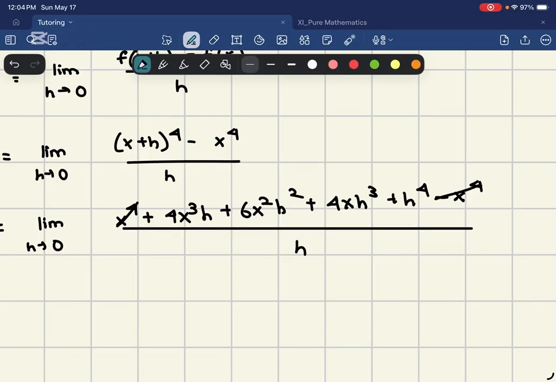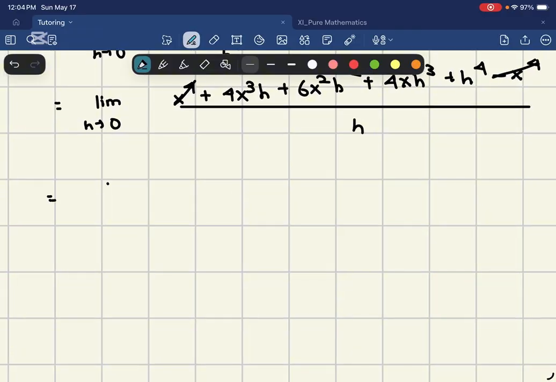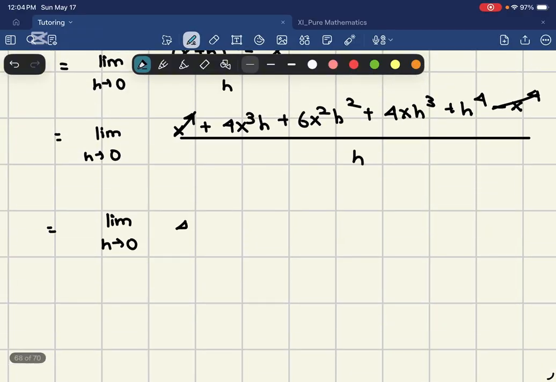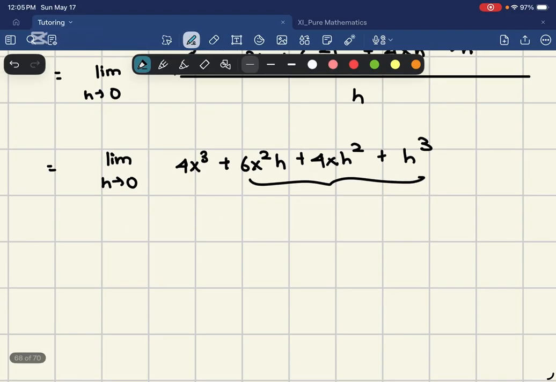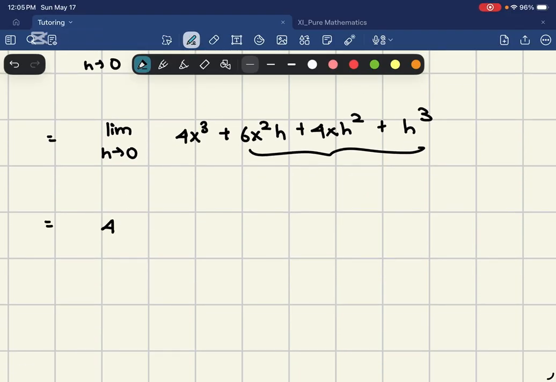And these terms will cancel out. So eventually, you have limit as h tends to 0, 4x cubed. So if you divide by h, right, you get 4x cubed plus 6x squared h plus 4x h squared plus h to the power 3. And then if you consider h tending to 0, you will see that these three terms are going to be closer and closer to 0. So eventually, you just have 4x cubed.